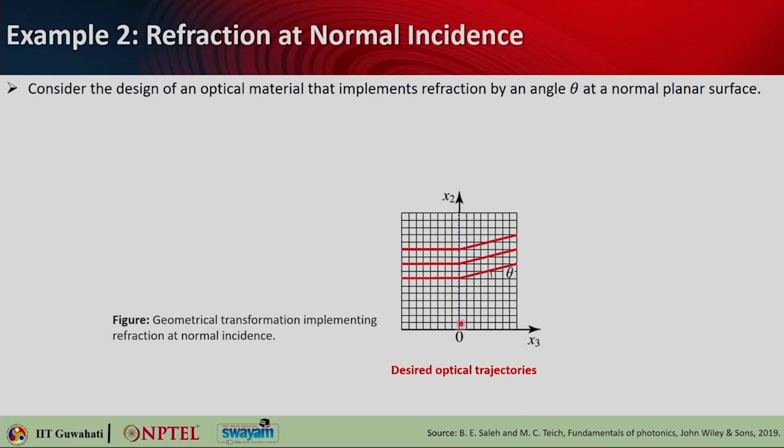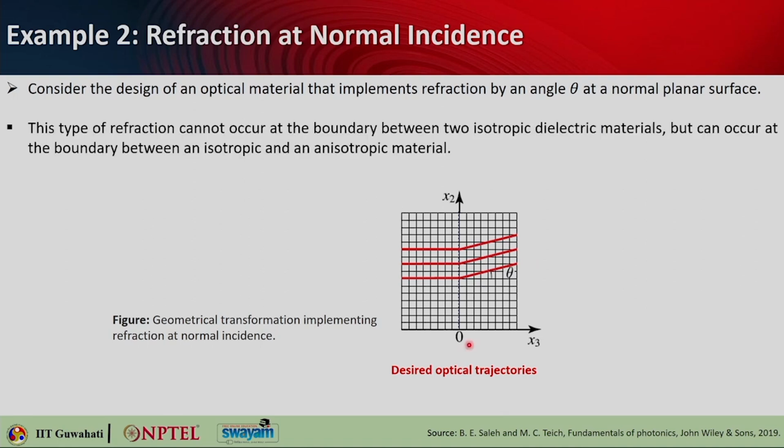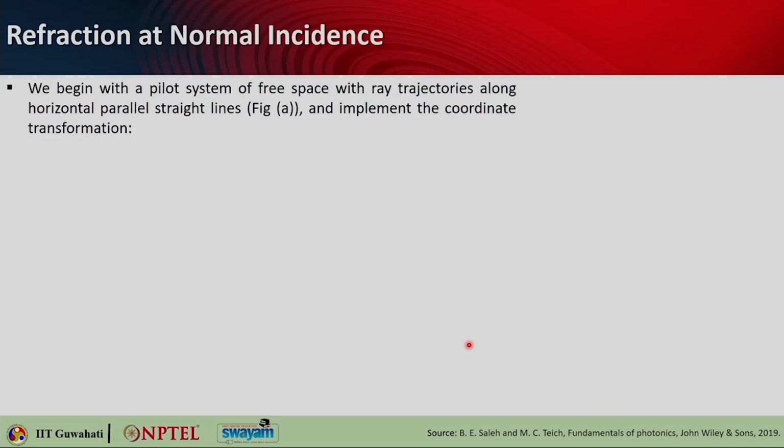This is the interface, okay, and light is falling normally, but still you want an angle theta. This type of refraction cannot occur at the boundary between two isotropic dielectric materials, but it can occur at the boundary between one isotropic and another anisotropic material. So this possibility is there, okay.